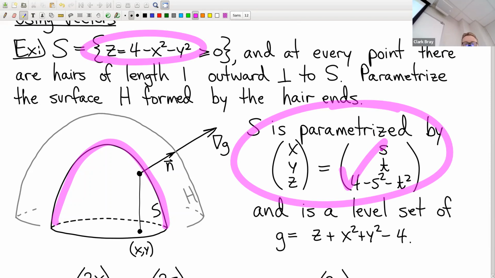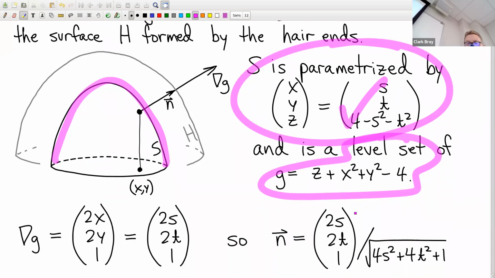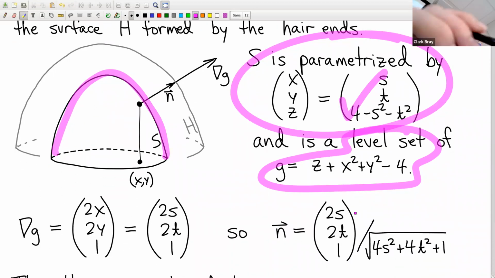Side note, this surface S, I can also view as a level set of that function there. The reason I mention this, segueing into the next bit, is that I need to figure out how to move in the correct direction.